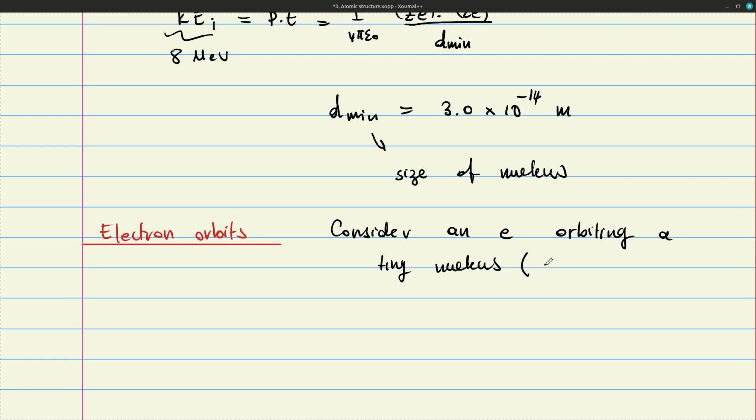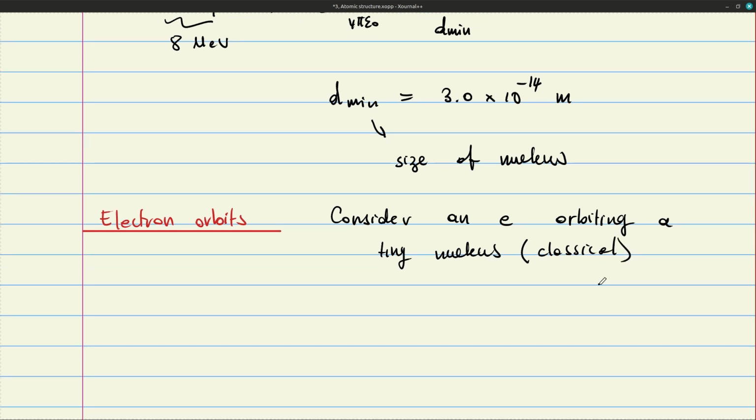Let's start with classical physics. So here is, let's say, this is plus e, and there's minus e, and there's some radius of orbit. Let me call this R. And this is v.